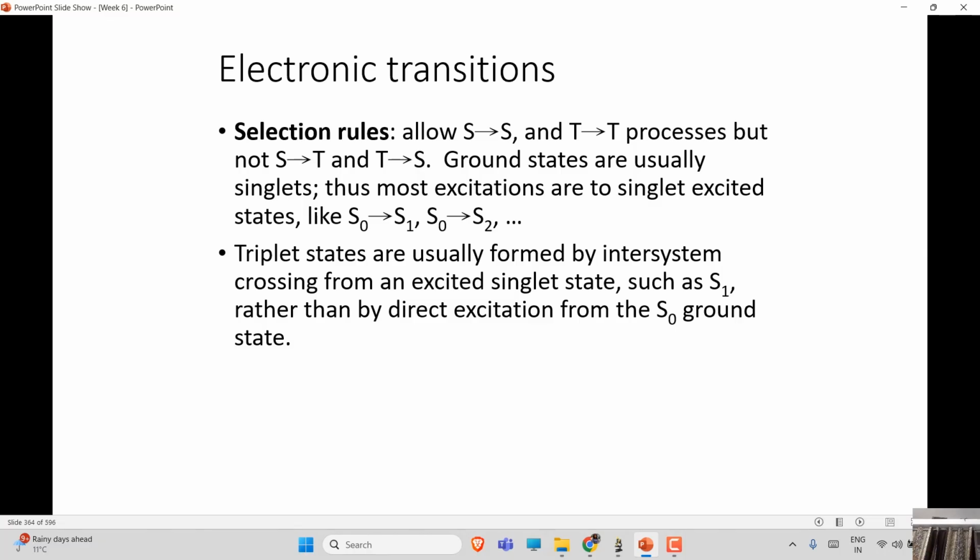So ground states are usually singlets, thus most excitations are to singlet excited states like S0 to S1, S0 to S2 and all of that. Triplet states are usually formed by intersystem crossing from an excited singlet state such as S1 rather than by direct excitation from the S0 ground state.